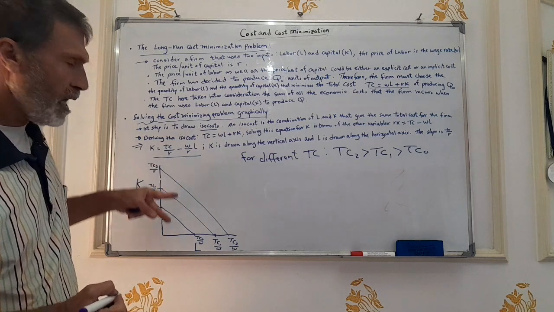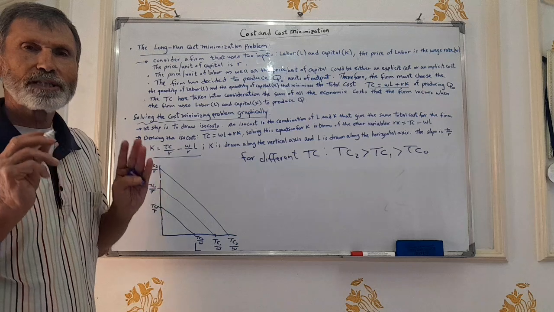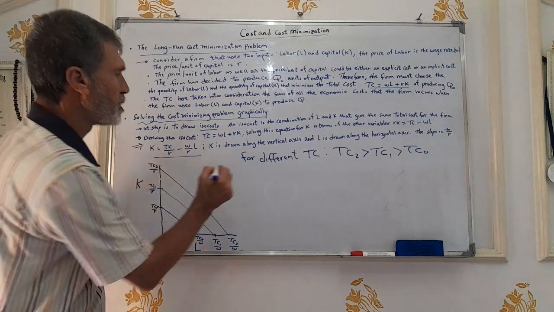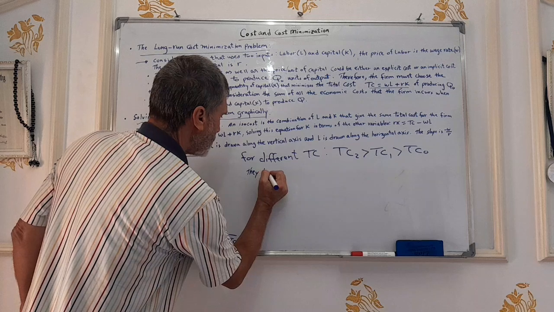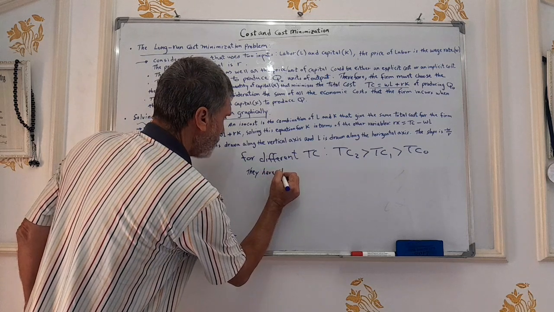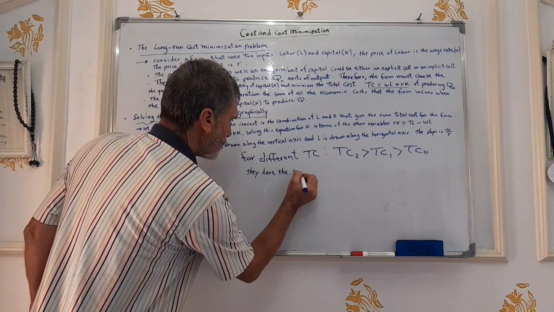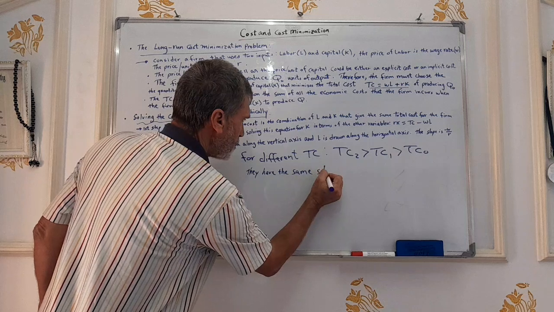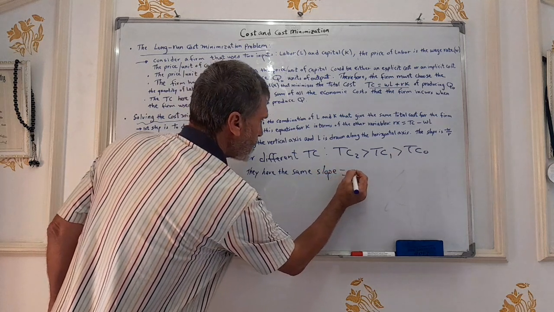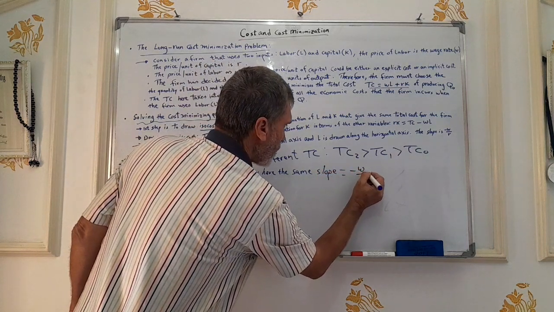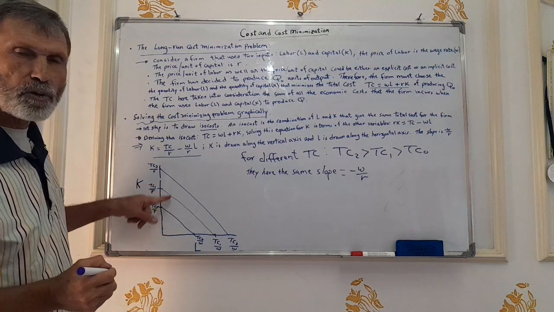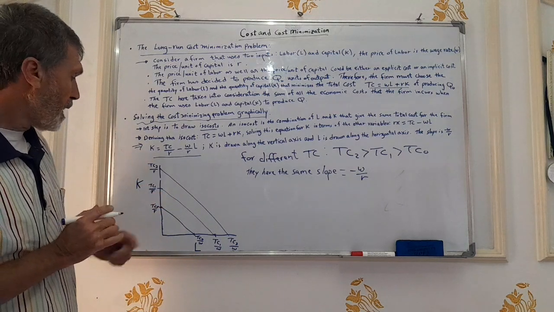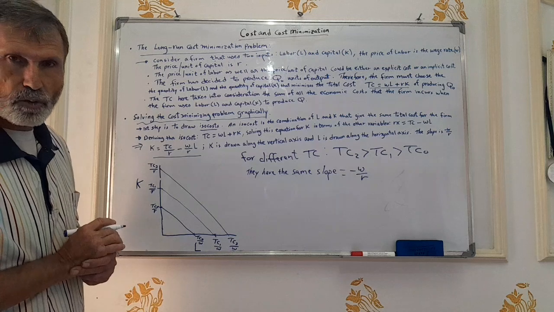Remember that they have the same slope, which is minus W over R. So that's why we have three parallel isocosts, because they have the same slopes, and this is how we derive the isocost lines.